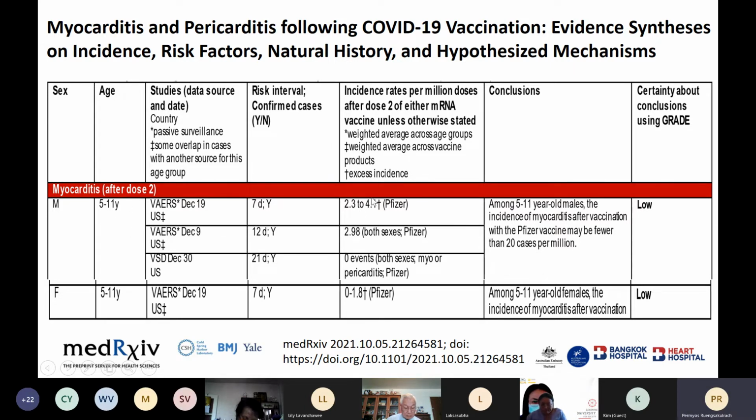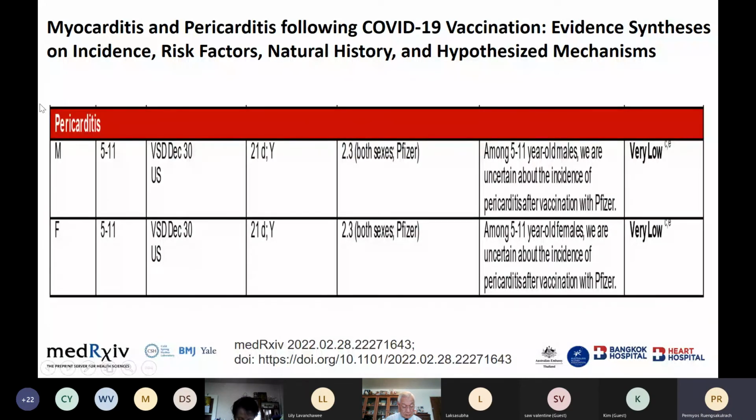The incidence is, I think, a little bit less than the older kid. It's about 2.3, 1.8 per million, okay, for male and female, okay. And this is a heart sac inflammation, pericarditis. It's about 2.3 for both male and female, per million dose, okay?